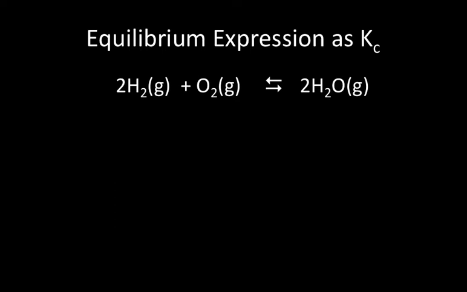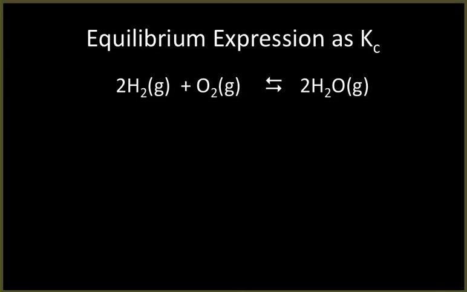When you set up an equilibrium expression, remember there's two ways to do it. The first way is to set it up as a Kc, and the other way we talked about was to set it up as a Kp. When you set it up as a Kc, you're notating things as concentrations. So Kc equals products over reactants, and we're raising it to the power of the coefficient.